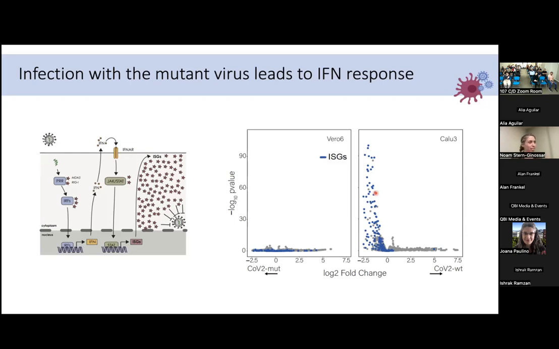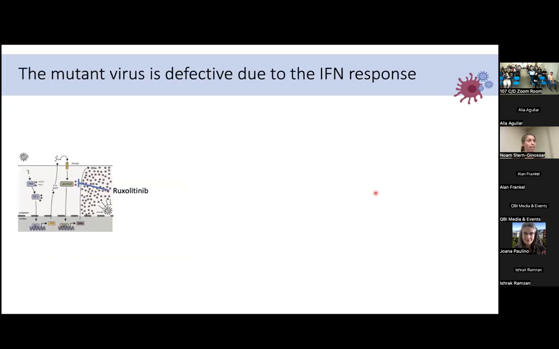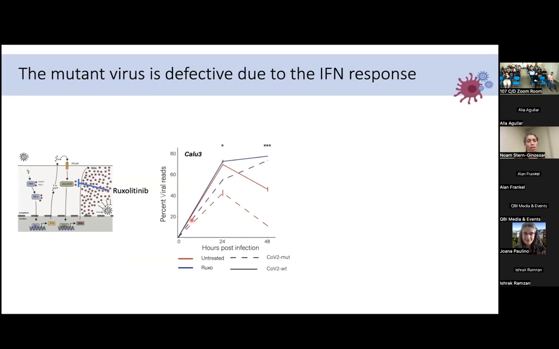So to test if this is really what explains the difference between mutant and wild-type virus, we repeated the growth assays in Calu-3 cells, but now we use an inhibitor of the JAK-STAT signaling, which is called ruxolitinib. And so what you can see, again in red first, when we don't treat the cells, we can see that the mutant is lagging behind the wild-type virus.